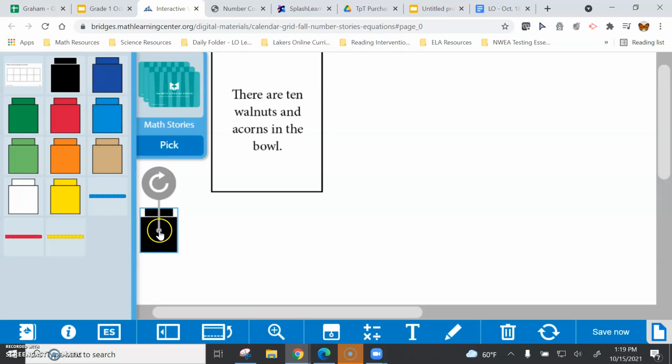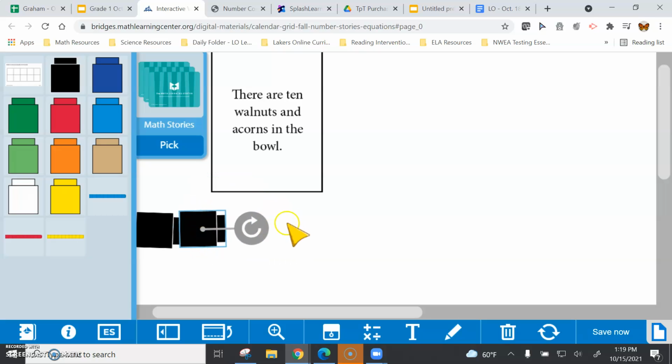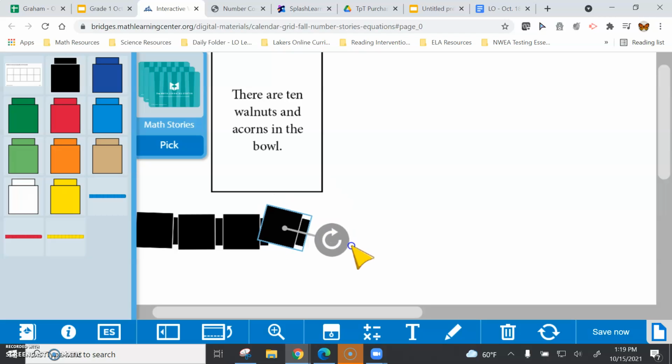We're trying to make the number 10. I'm going to put out 1, 2, 3, 4 blocks. 4 plus what equals 10?